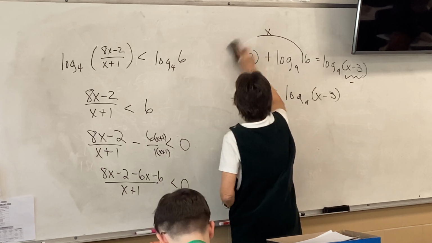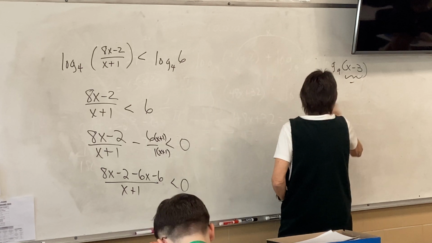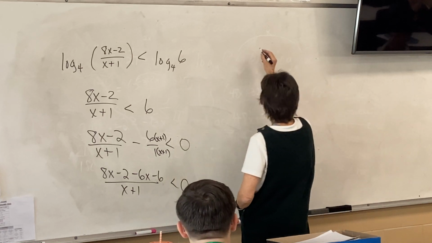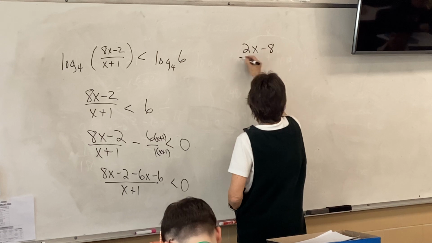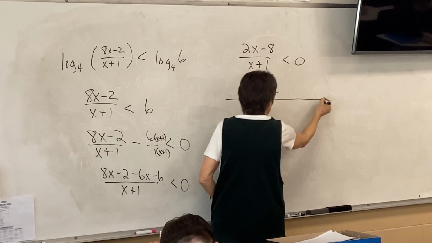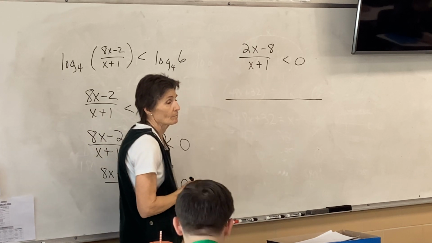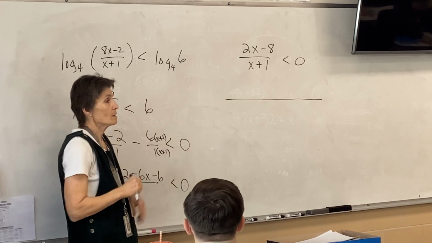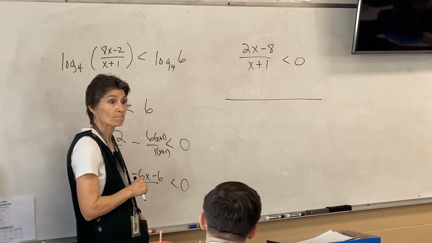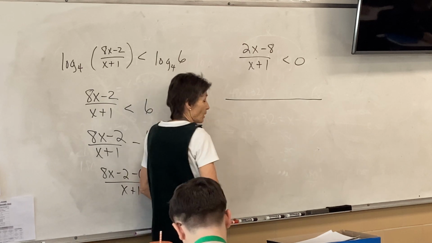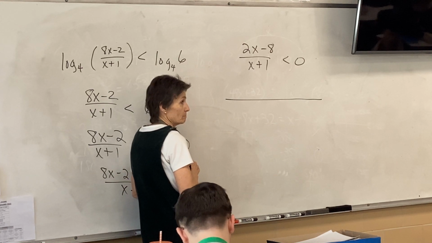So what does all that amount to? 2x minus 8 over x plus 1. So here's my number line. What 0 comes from the numerator? 4. What 0 comes from the denominator? -1.